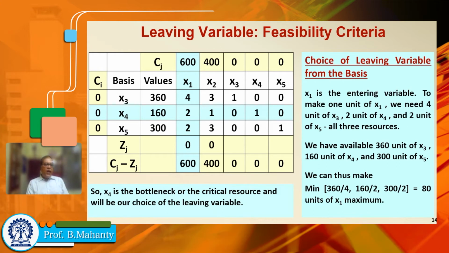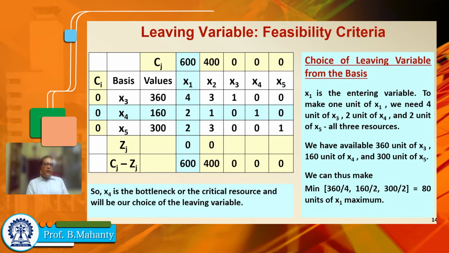So you see that x1 is represented as 80 minus x2 by 2 minus x4 by 2. If we put in the other constraints and replace x1 in those cases, what will happen? In the other two constraints also, x1 will be replaced by x2 and x4.